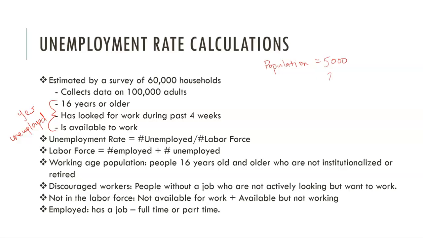There are 2,000 people who are working full-time. There are 500 people working part-time. There are 500 people who are discouraged workers. They've given up looking.